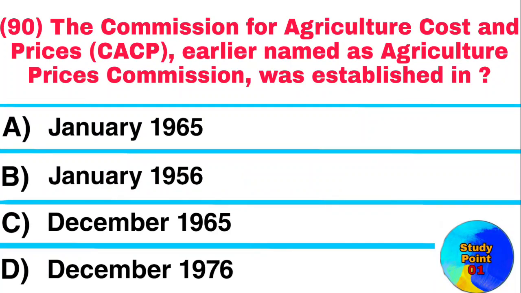The Commission for Agriculture Cost and Prices (CACP), earlier named as Agriculture Prices Commission, was established in A. January 1965. B. January 1956. C. December 1965. D. December 1976. Answer. January 1965.